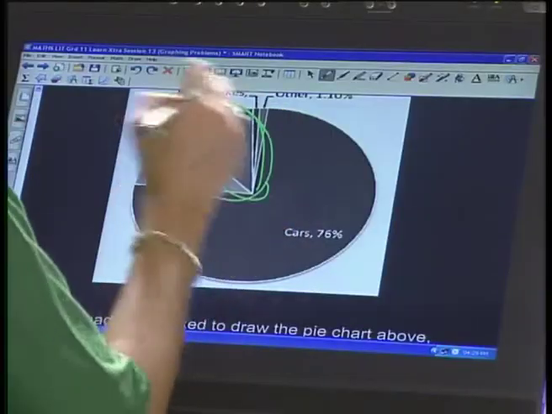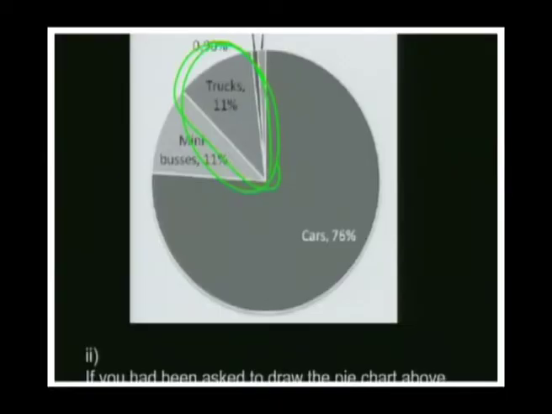So logically in our minds, we know that if we want to work out how many degrees we're going to be using for our truck section, we're going to be using probably less than 45 degrees, because it looks like it's just less than an eighth of a circle, or half of a quarter.